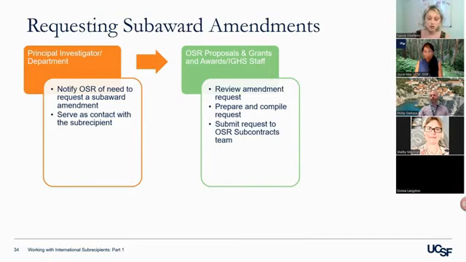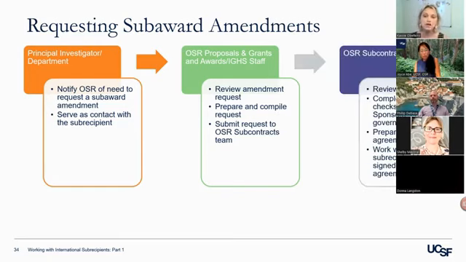I'll go over a little bit about what needs to be attached in the next slide, but it's really important to take that SRF e-course. It goes into all of this in a lot more detail and really goes through the form with you, so you can learn how to complete it and make sure you have all of the information that you need. And then the OSR subcontracts team will review the request.